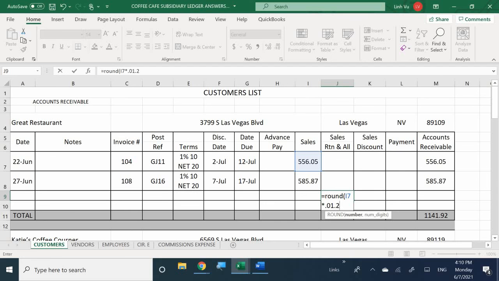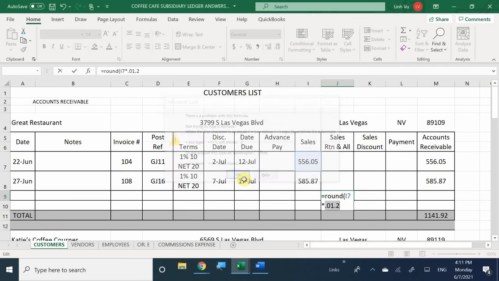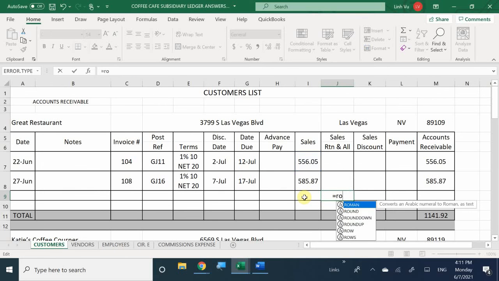You got to minus 30 out of that. Oh yes. So thank you. $556.05 minus 30 times 0.01, and I ended up with 526. Yes. Sorry. I heard you, but I was not thinking.